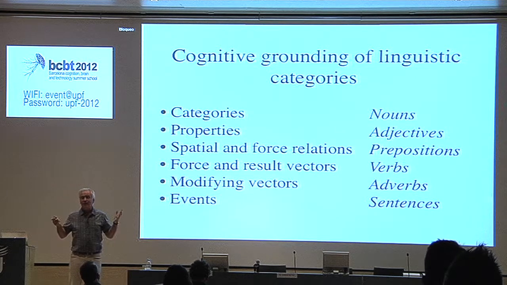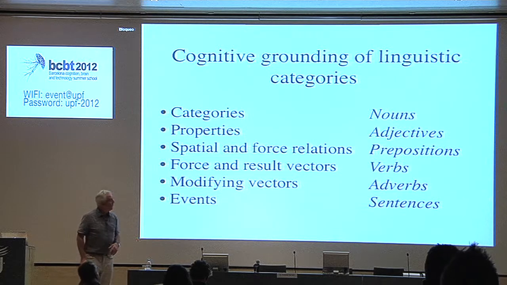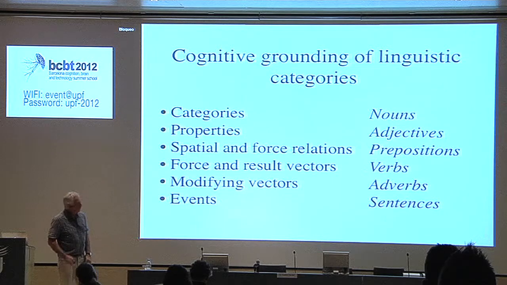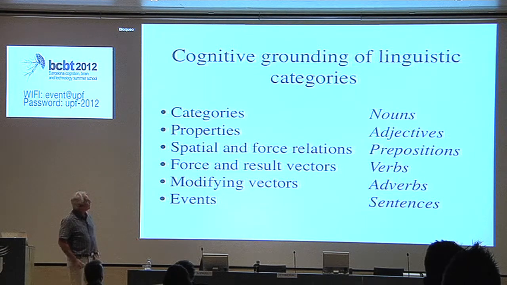But I think there are good cognitive reasons why we have these word classes, and I've tried to give you some of the reasons for how they show up. So by now it's fairly trivial that verbs refer to vectors, while nouns refer to the agent or the patient of an event, and adjectives are modifiers of the agents or patients, and so on.